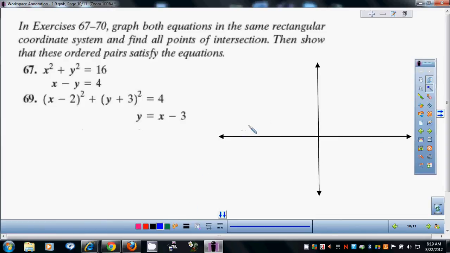What's the center of my first equation? What's my radius? 4. Now my graph is not going to be very good. The better your graph, the easier this is going to be to do.